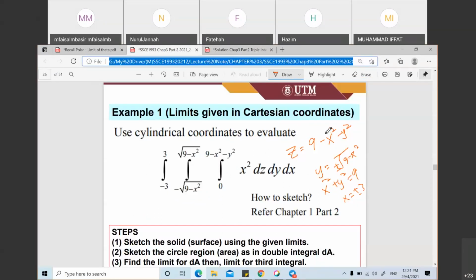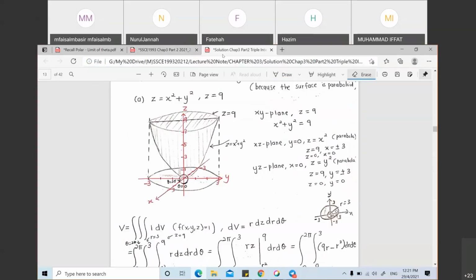Let's say I want to choose the xy plane. So z is 0, we'll get a circle. If y is 0, you have z equals 9 minus x squared.